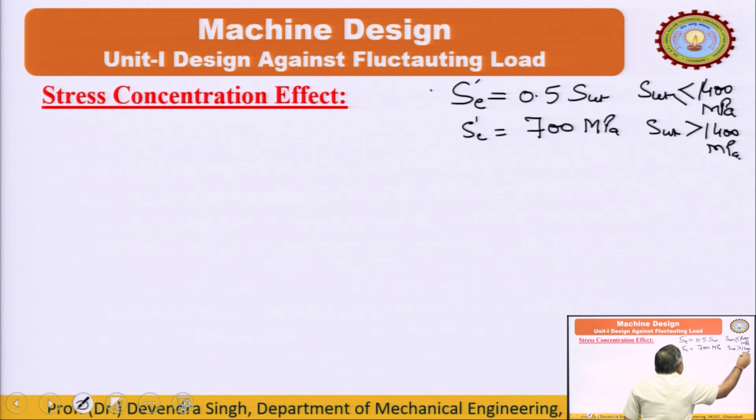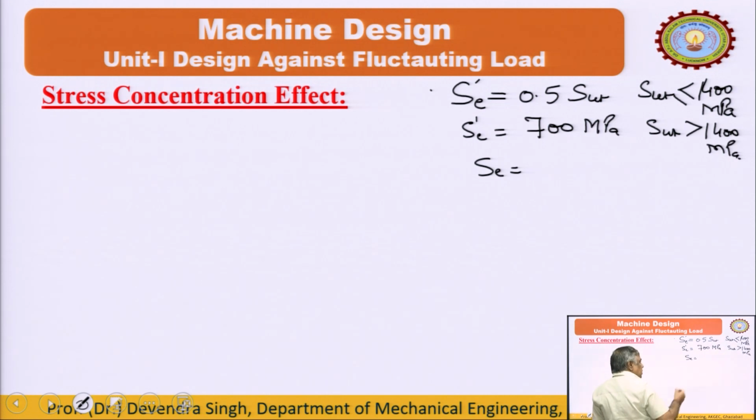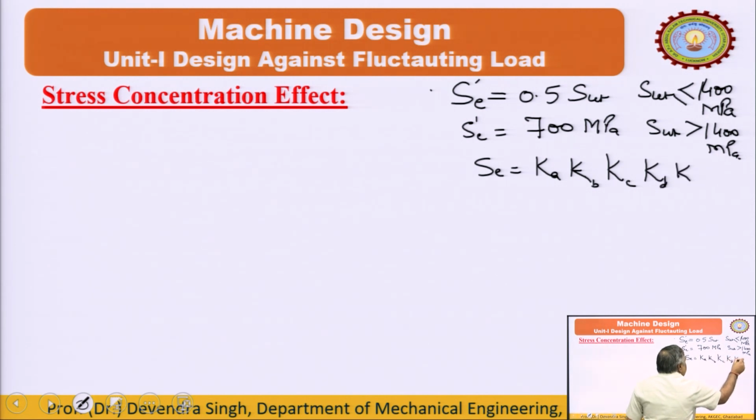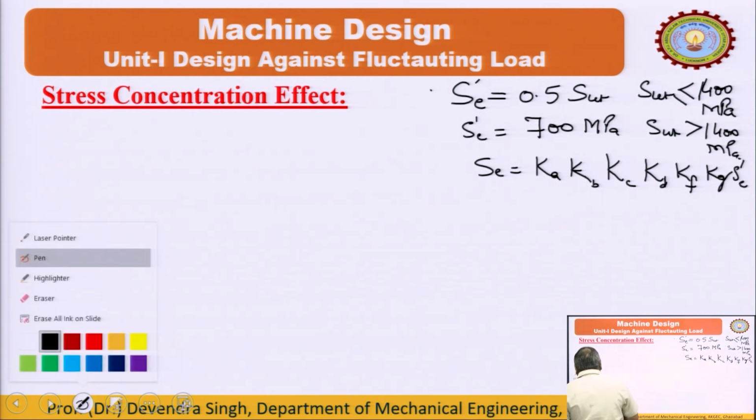We should always remember this. And SE, the modified endurance limit, is Ka, Kb, Kc, Kd, Kf, Kg times S prime E.